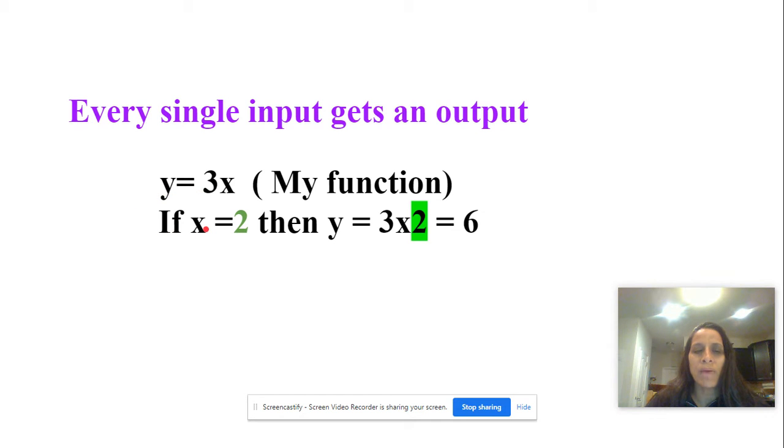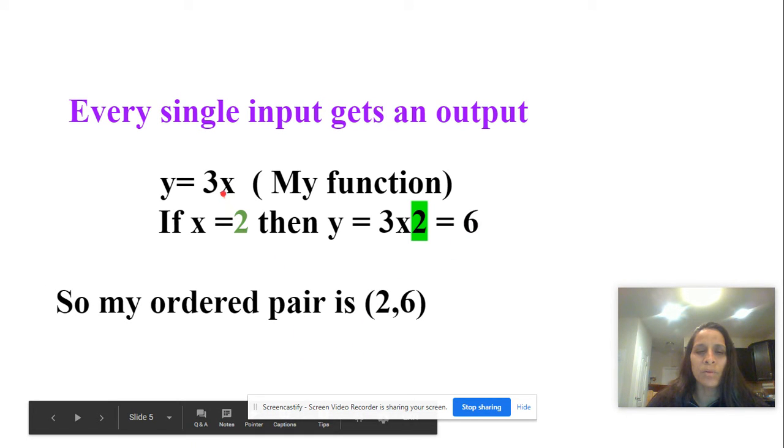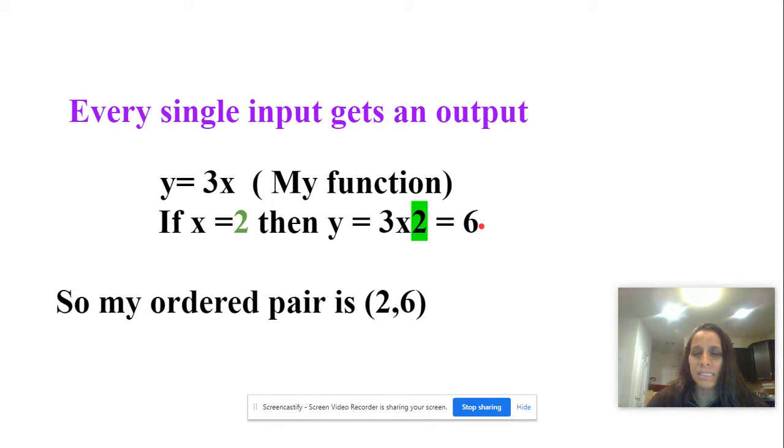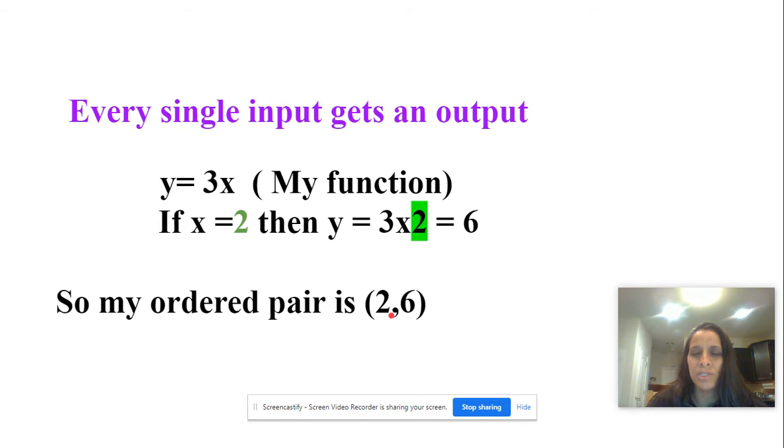So if x is equal to 2, then y is equal to 3 times 2, which is equal to 6. So my ordered pair would become this 2, which is my x, and this 6. Okay, so my ordered pair, if I had to graph it, would be 2, 6.